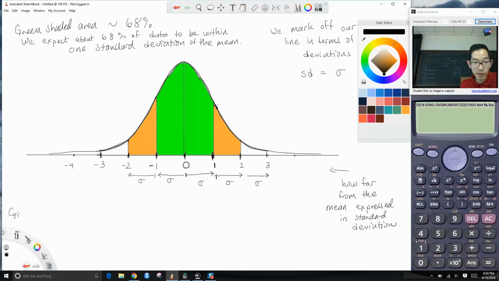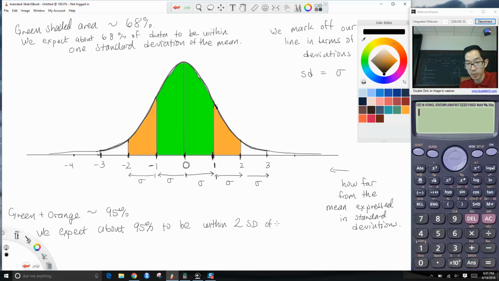So green plus orange is about 95%. So we expect about 95% of data to be within 2 standard deviations of the mean.